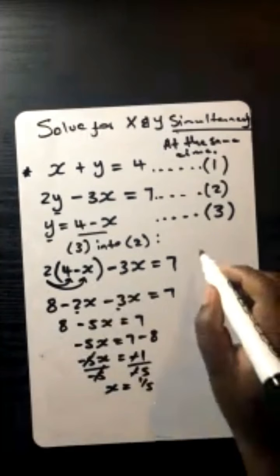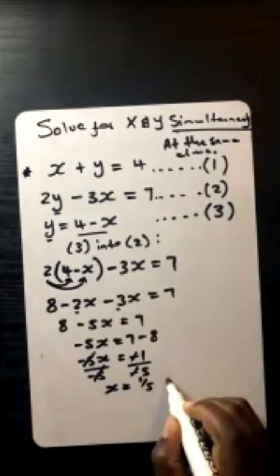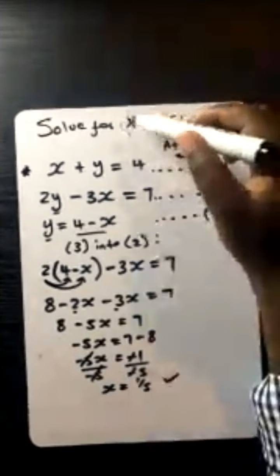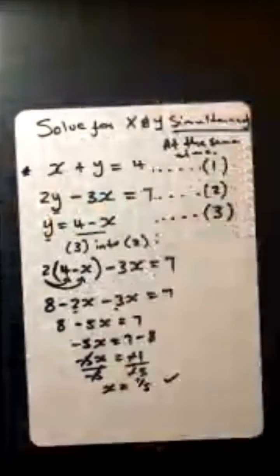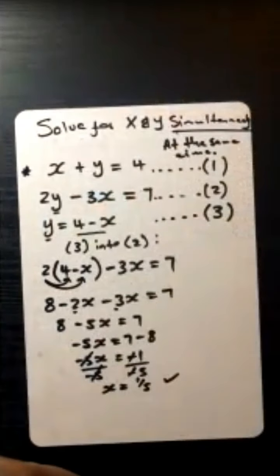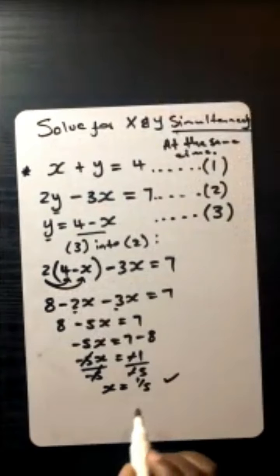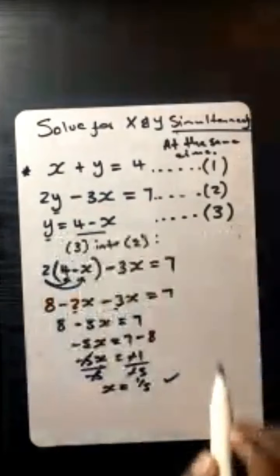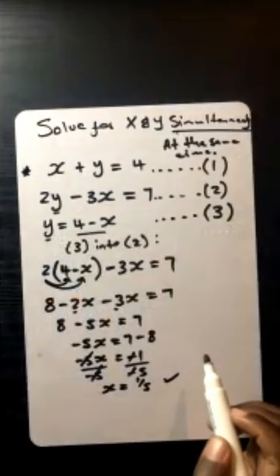So can you see, we already got the first value of the unknown, which is x. So remember, they said solve for x and y simultaneously. So what does it mean? It means we now need to use equation number 3 to solve for the value of y.